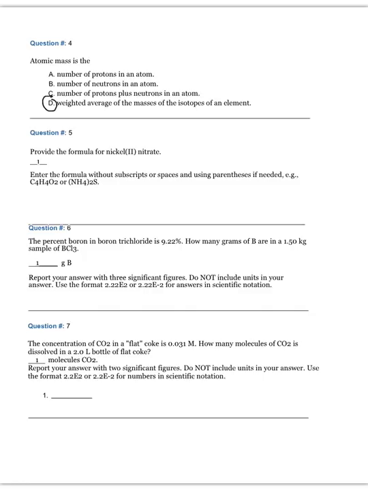The answer is Ni(NO3)2. The numbers would be non-subscripts.